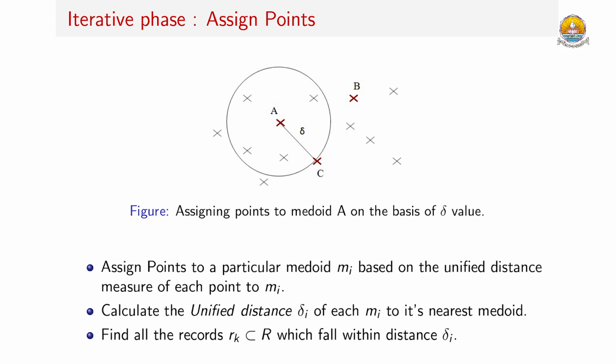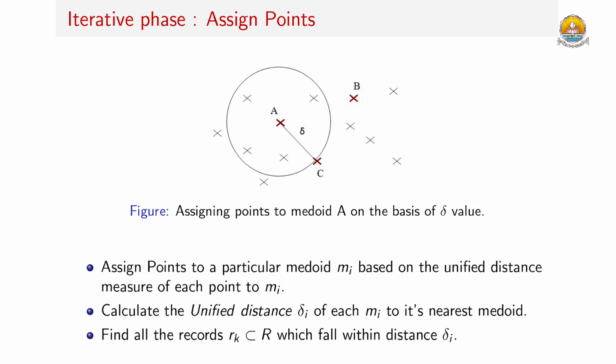All the points within this delta distance we assign to the Medoid A. Similarly for C, we find the shortest distance of C from the remaining Medoids, and find all the points closest with respect to delta. Assigning points to a particular Medoid is based on the unified distance measure.